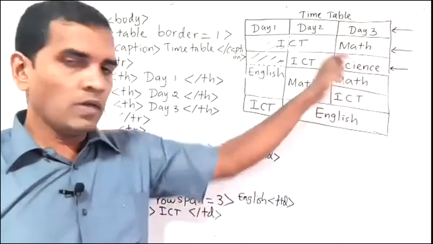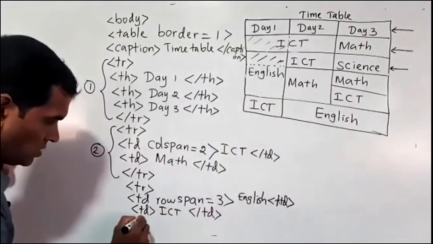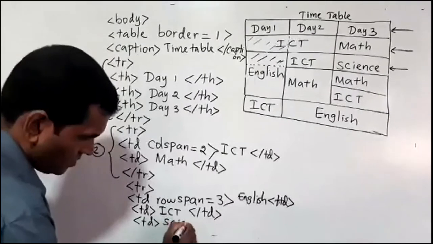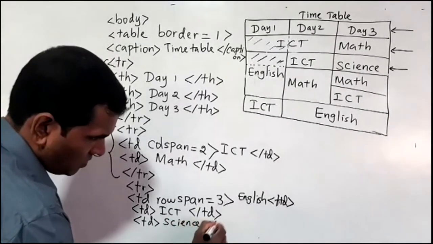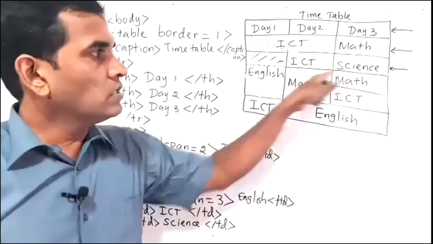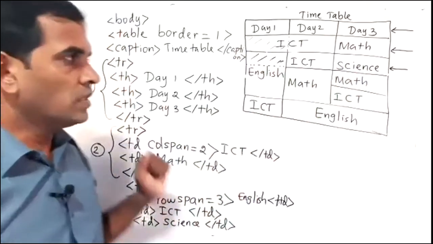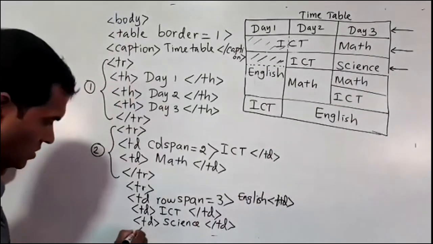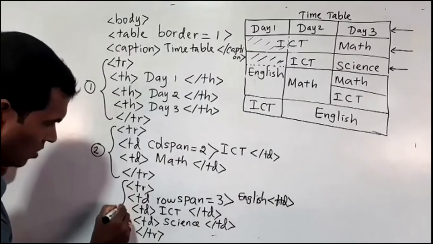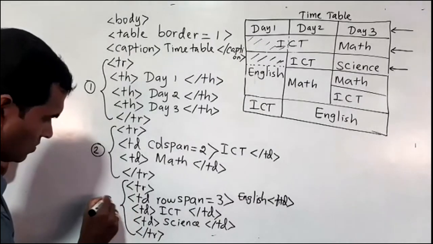Okay. Then you have science 2. So next one, TD again. Science, TD. Okay. All right. So that row also over. So this is TR, closing TR. So this block of coding belongs to the third row.